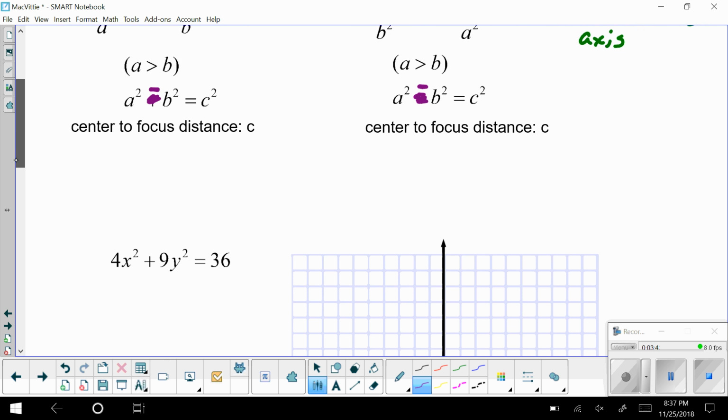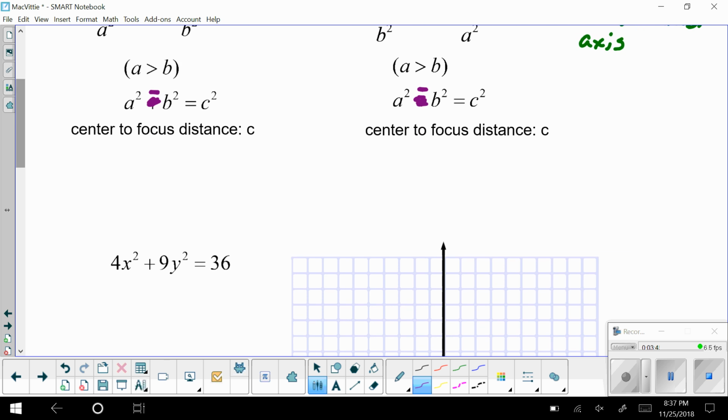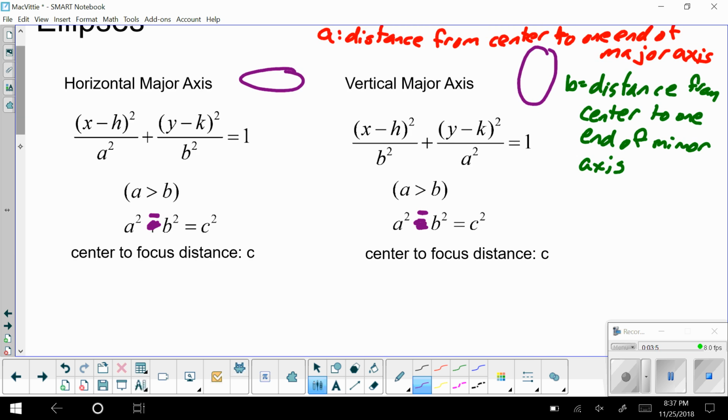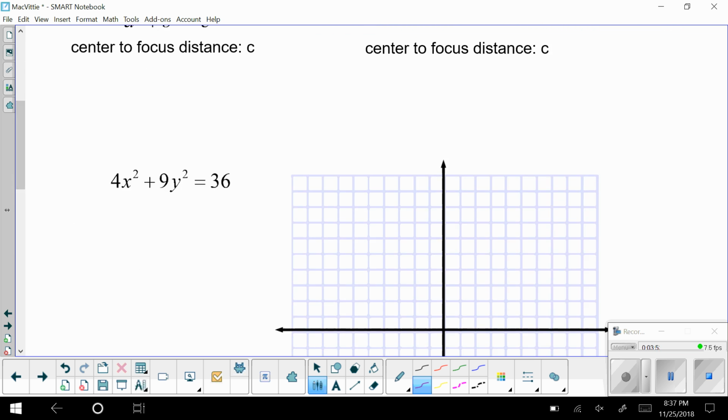So first off, if we're given an equation like this, where it's not in the form that we're used to seeing like here, and this is being called standard form, first, because both are being squared, it is not a parabola. And then because I am adding them, but they have different coefficients for this x squared and the y squared term, it is not a circle, which is what makes this an ellipse.